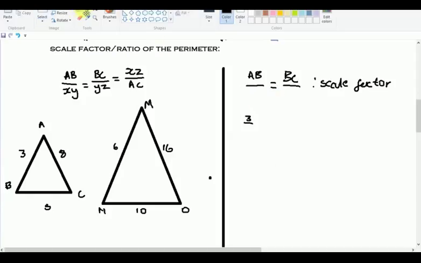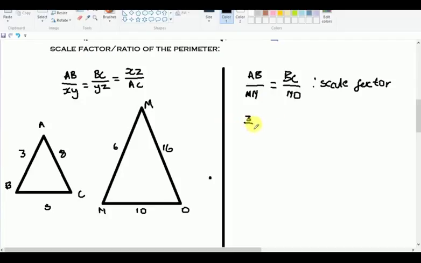So let me change it quickly. It will be AB over MN and BC over NO.